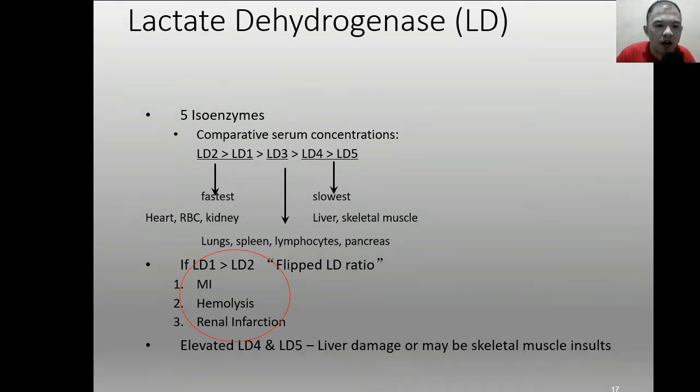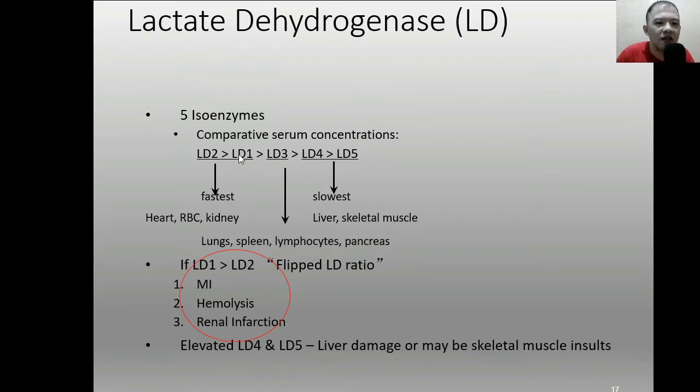So in LDH, LD2 is produced in highest concentration normally in the kidney. LD1 is produced more from the heart and the RBCs.